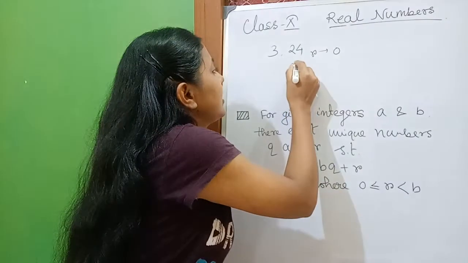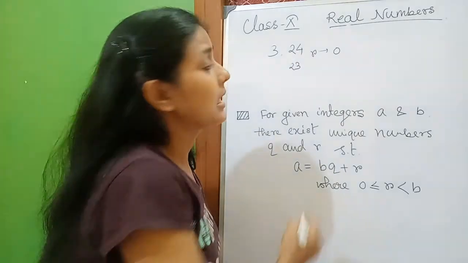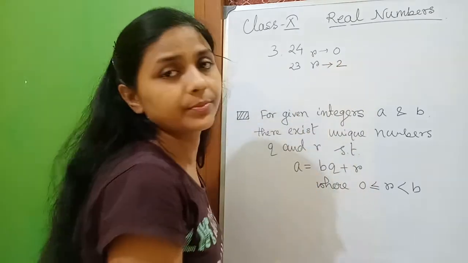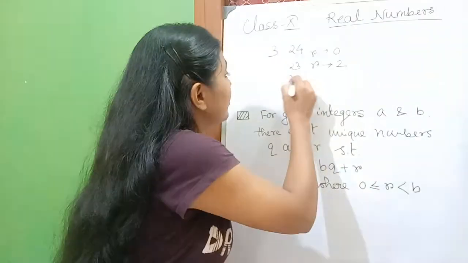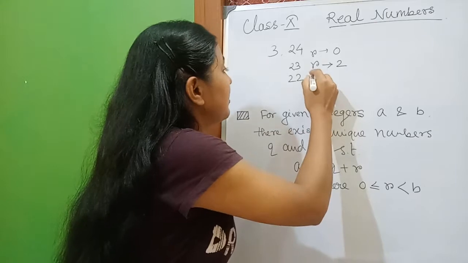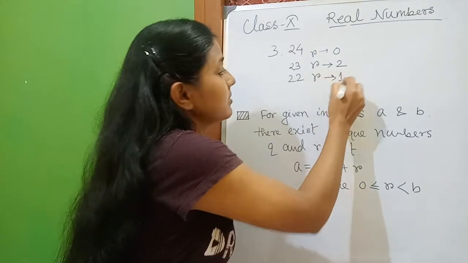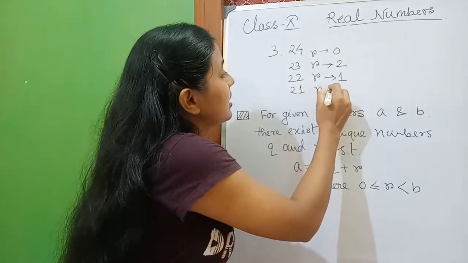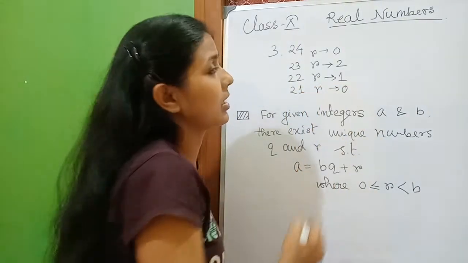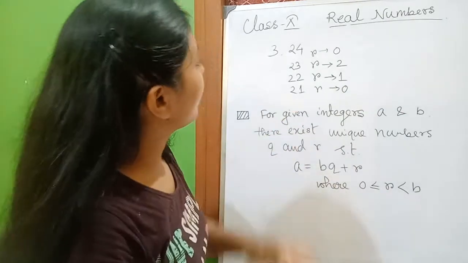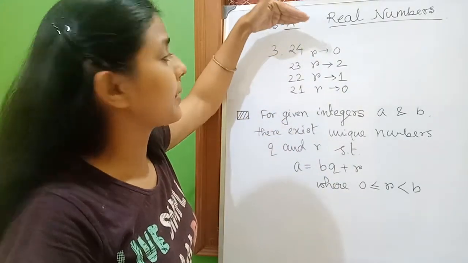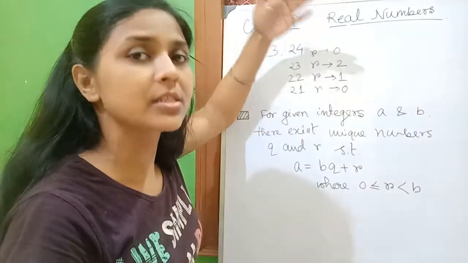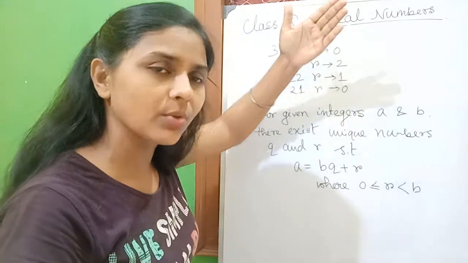Suppose I am taking 23. Then the remainder will be 2. If I am taking 22, the remainder will be 1. If I am taking 21, the remainder will be 0 again. You go upward, 25, you will get the remainder as 1, 26, 2, 27, again 0.